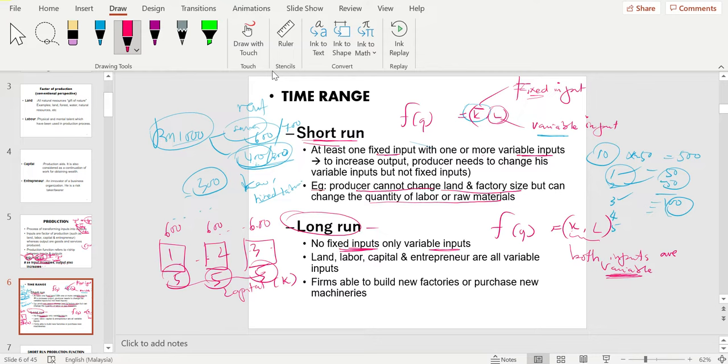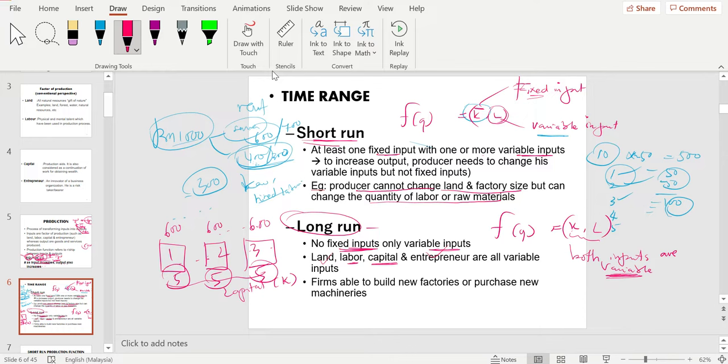Okay, land, labor, capital, entrepreneur, even though I already mentioned it to you, we use in production function land, labor and capital only. But we assume land and entrepreneur are already there. We assume all those are variable, changing already.